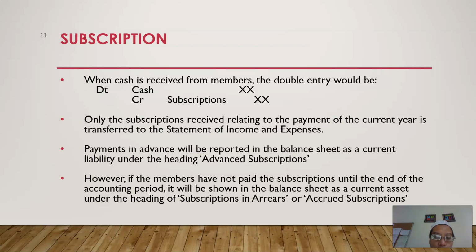Therefore, we need to record that as a current asset that will be included in the balance sheet, and we may name that current asset as subscription in arrears or accrued subscriptions. These are for subscriptions of the current year that have not yet been paid by the members.